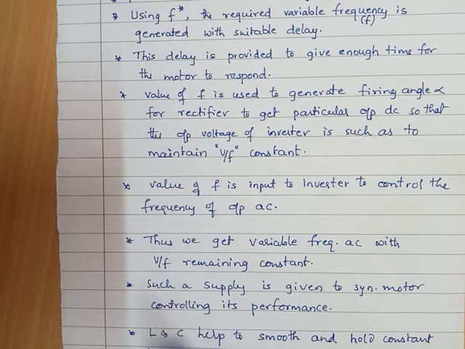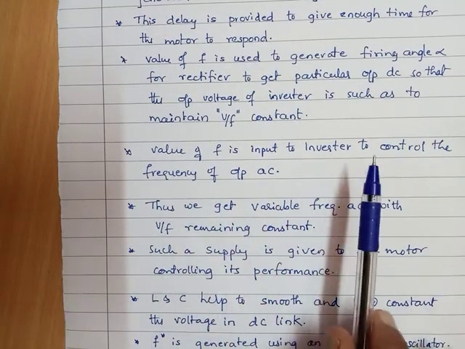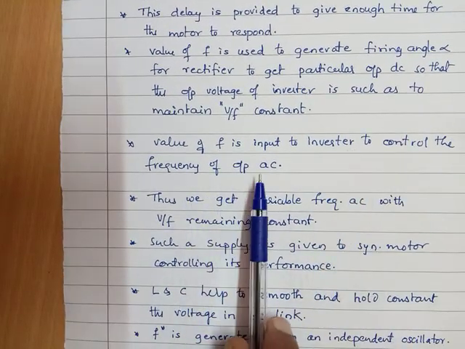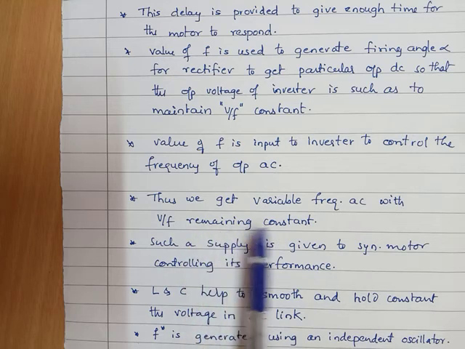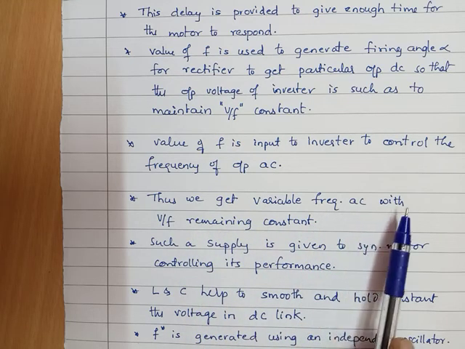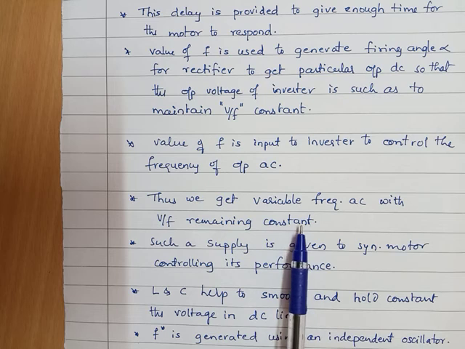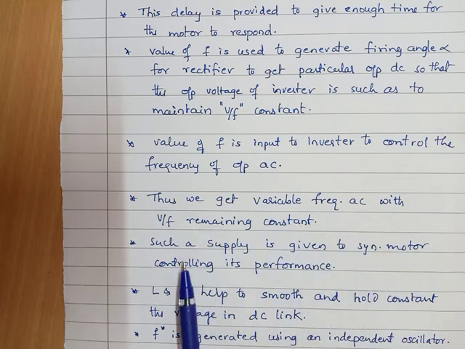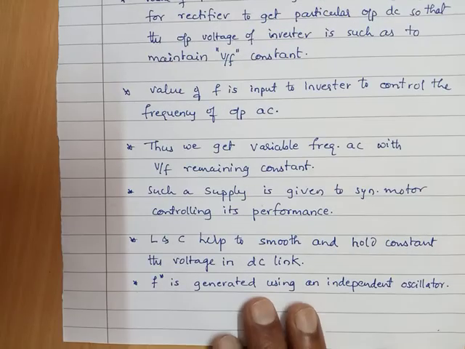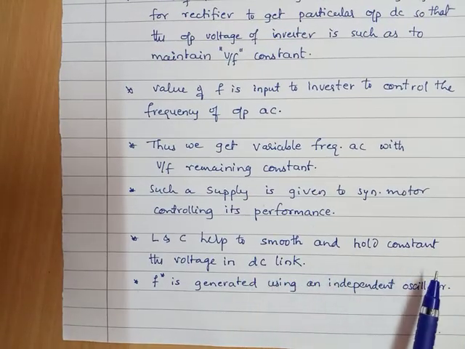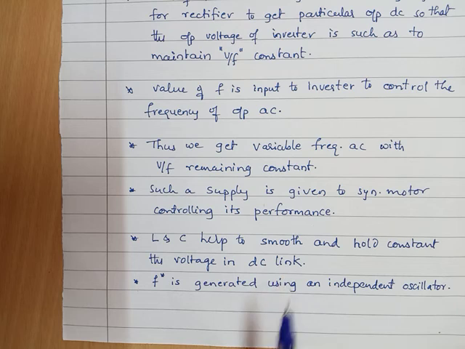The value of F is input to the inverter to control the frequency of output AC. Thus, we get variable frequency AC with V by F remaining constant, giving us constant torque.